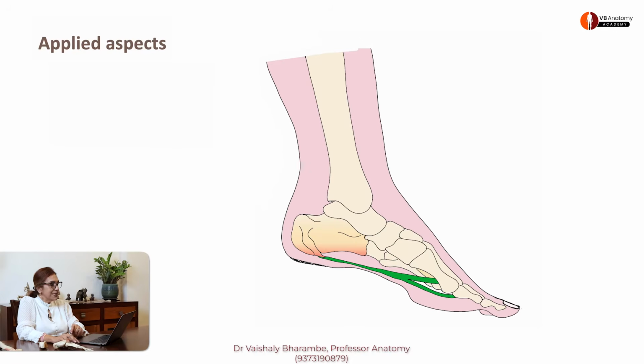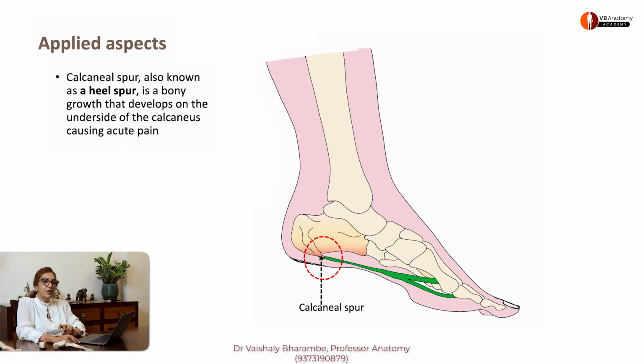So now you can see that there is something happening here to the calcaneus. This is a very common condition called the calcaneal spur. A part of the calcaneus begins to grow down like a bony spicule. So this kind of projection is called the heel spur.